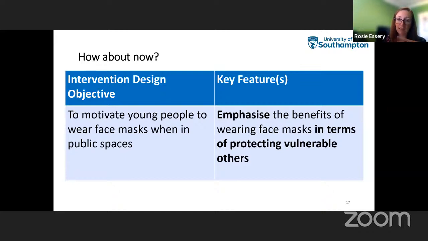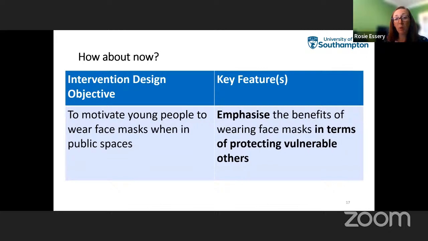And this comes from really getting to grips with understanding your target users. So the qualitative and PPI work that we did also told us that young people are aware of the benefits of wearing face masks, but they're just not especially concerned for themselves. But they do have more concerns about protecting other people.